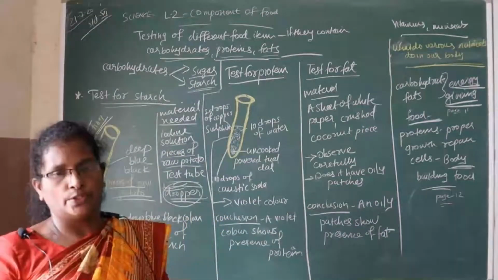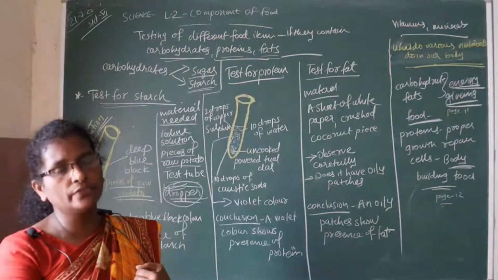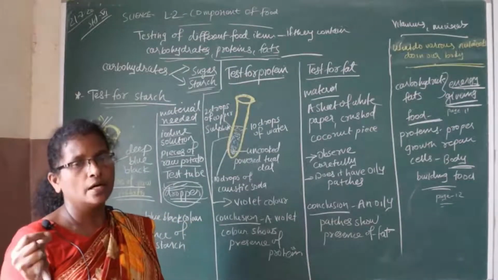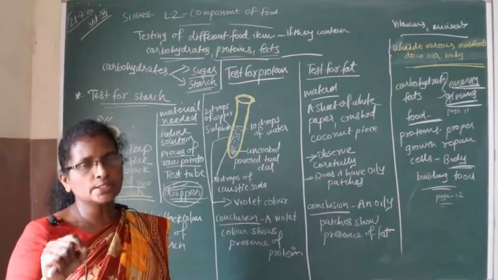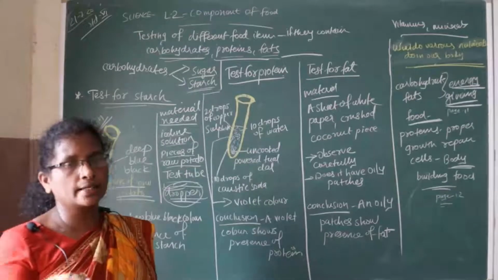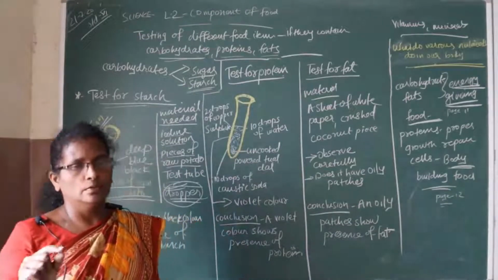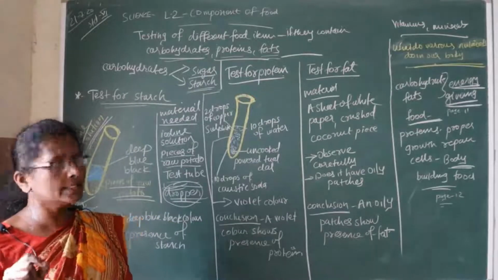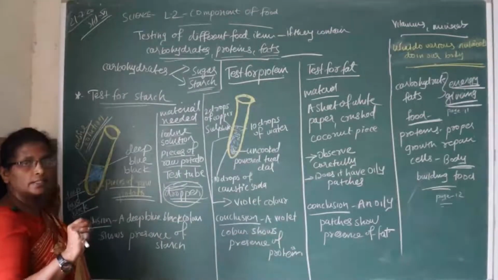In the test tube we took small pieces of raw potato, then added a few drops of iodine solution. In the presence of iodine solution, the color of the food material changed to deep blue black. We can see this color inside the test tube.